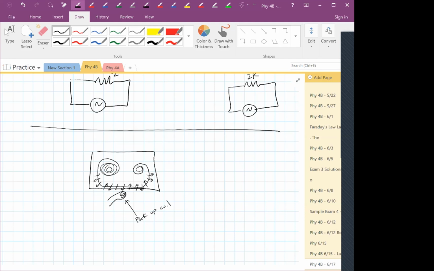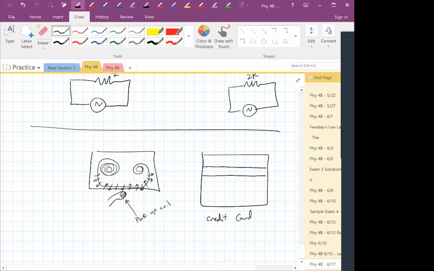What about a credit card? Nowadays, they have chips in them, but there's still a magnetic stripe on the back, right? How does that magnetic stripe work? There's a whole series of north and south poles.